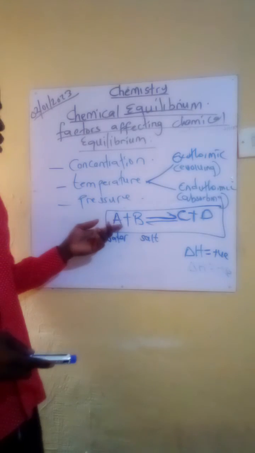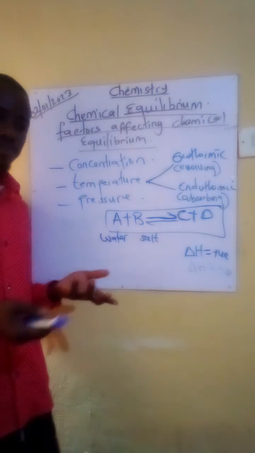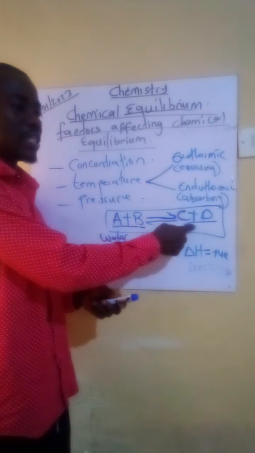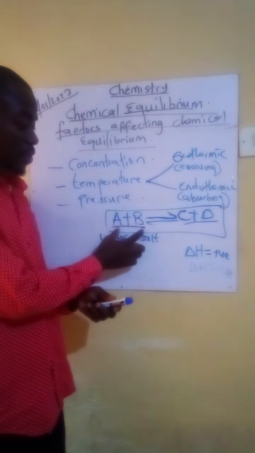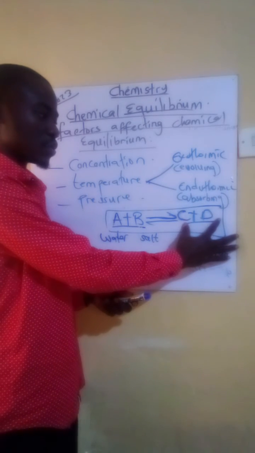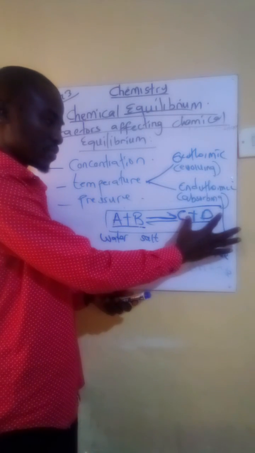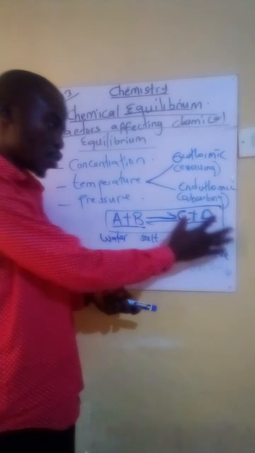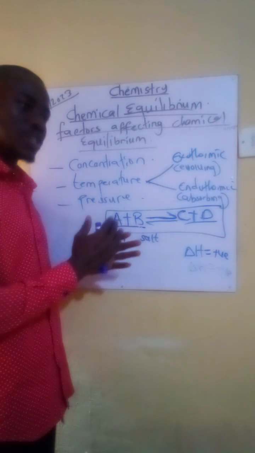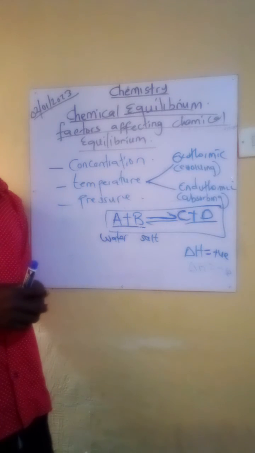When you're increasing pressure, most times we don't take it individually. You can increase the pressure at the reactant, or you can increase pressure at the product, or you decrease the pressure at the product, or you decrease the pressure at the reactant. So irrespective of the one you are doing, you are still disturbing the system.